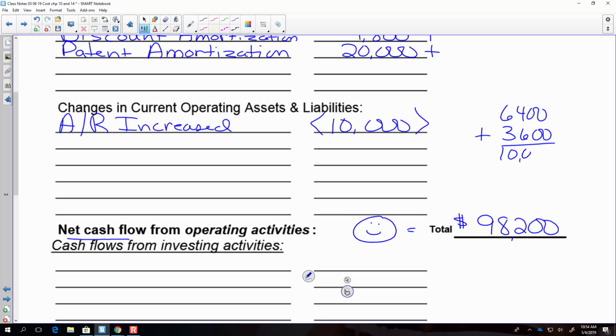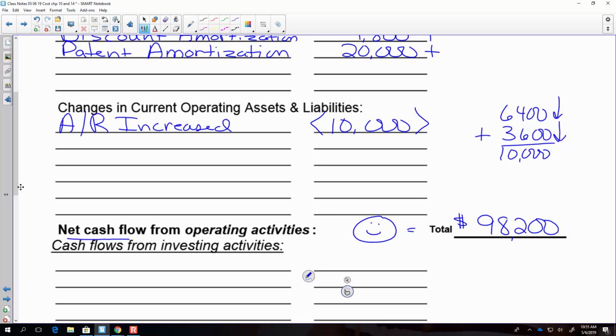That's the 10. So the accounts receivable went down 3,600, but in reality, this also forced it down by 64, the bad debt. So when it says net of allowance, it's included already. That's why we don't want to double it up. But we're going to check our work just to be sure.